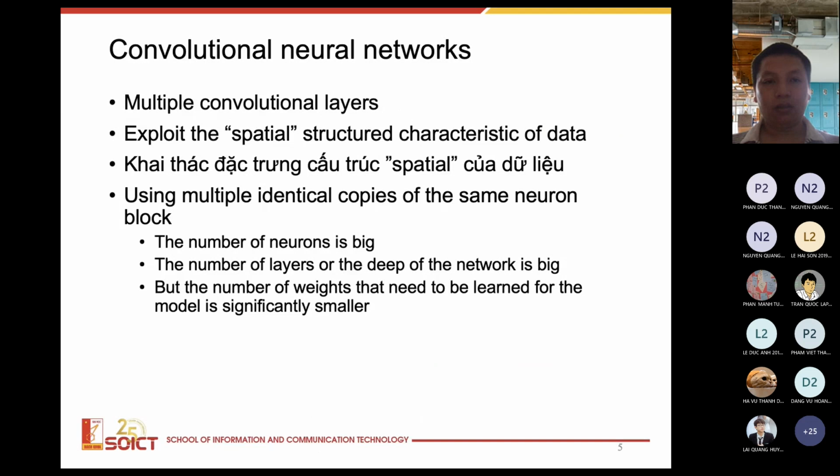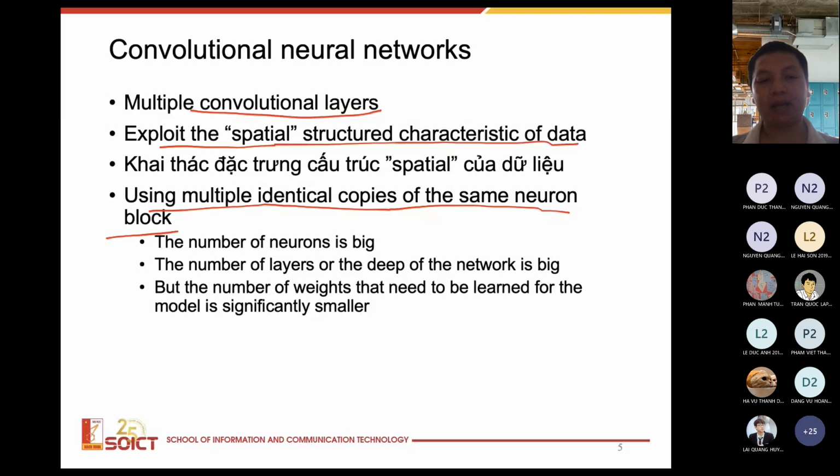A convolutional network is a neural network that uses multiple convolutional layers, and this type of layer exploits the spatial structure characteristic of the data. The idea is to use multiple identical copies of the same neural network.